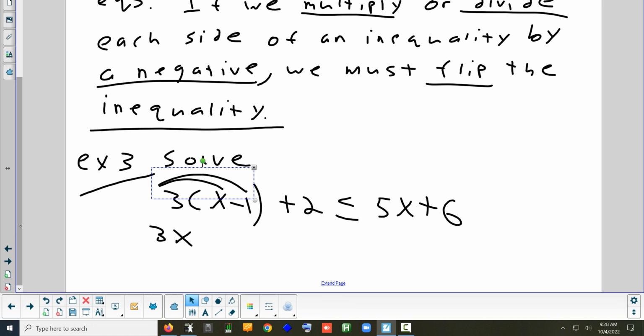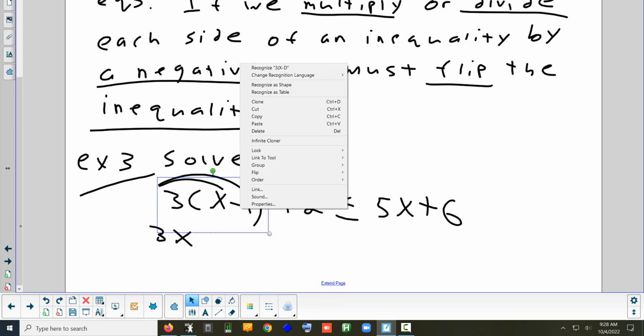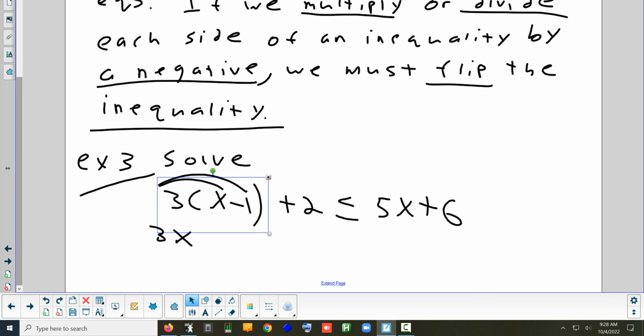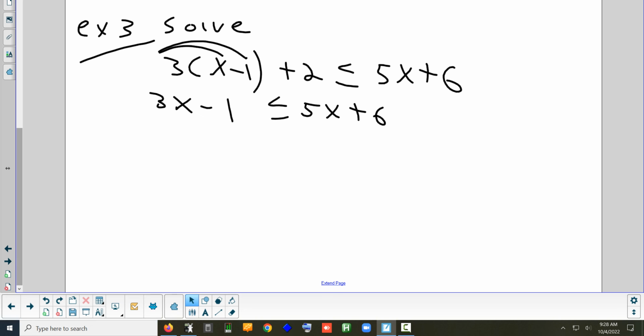And what's 3 times negative 1? Negative 3. But how about when you add 2 to it? That would be negative 1. So we just did all that in one step. 3 times negative 1 is negative 3. Negative 3 plus 2 is negative 1. You don't have to do it all in one step, but you can. All right.